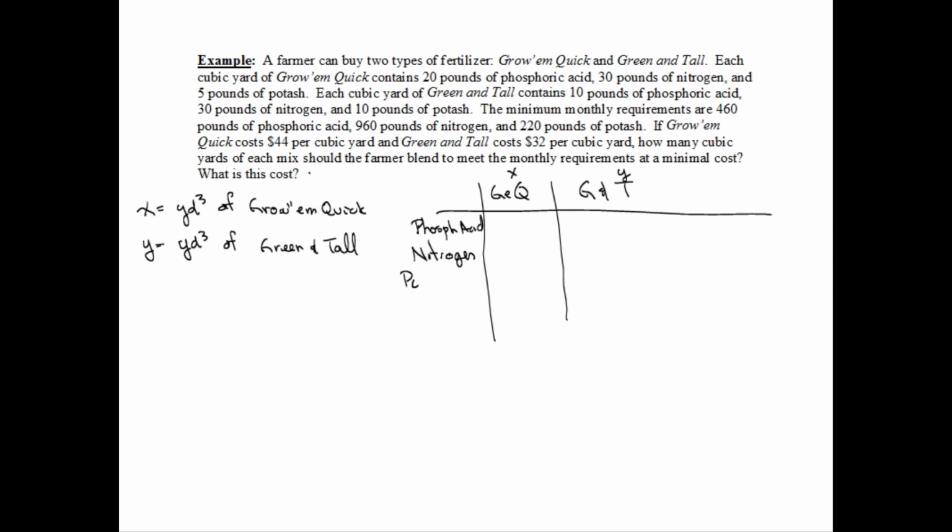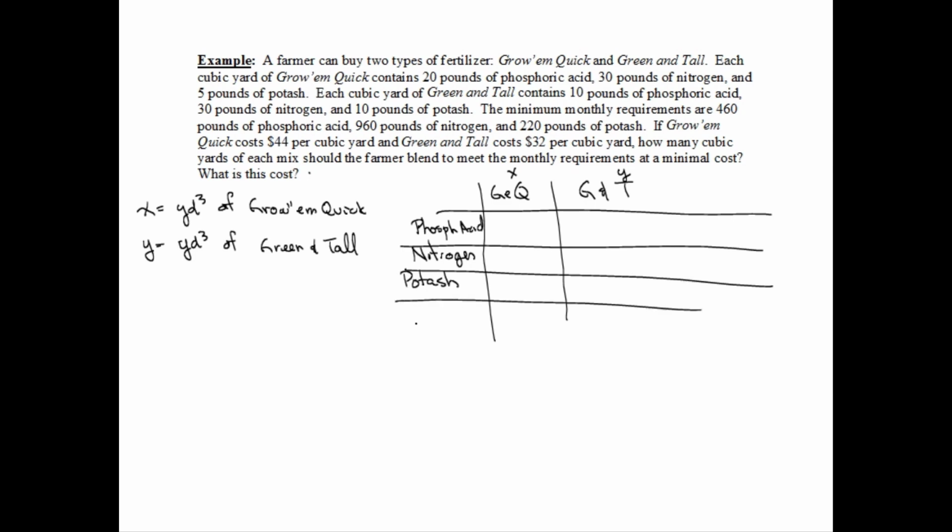And we have information about potash. Okay, we also know the cost for each of these. So Grow 'em Quick contains 20 pounds of phosphoric acid, 30 pounds of nitrogen, 5 pounds of potash. The other one contains 10 of the phosphoric acid, 30 pounds of the nitrogen, and 10 pounds of the potash.